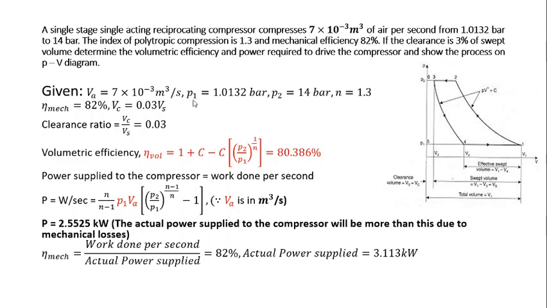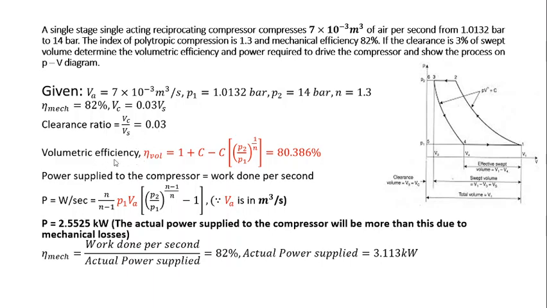Now P1 is equal to 1.0132 bar and P2 is equal to 14 bar. See, these units are in bar. You have to convert them into Newton per meter square while doing the problem. n is equal to 1.3 and mechanical efficiency 82%. The clearance volume is given as 0.03 of swept volume. From this we can calculate the clearance ratio Vc by Vs, which is equal to 0.03.